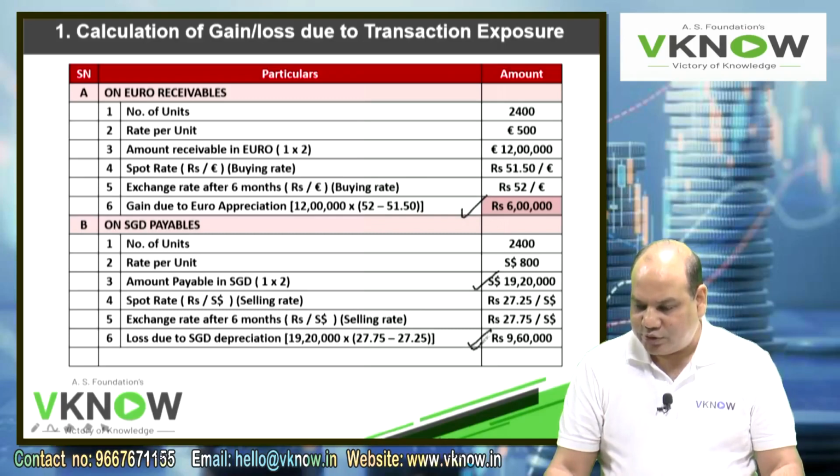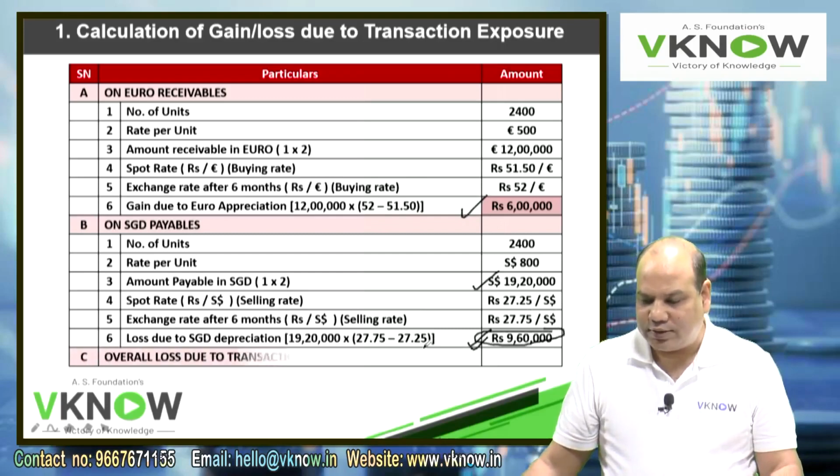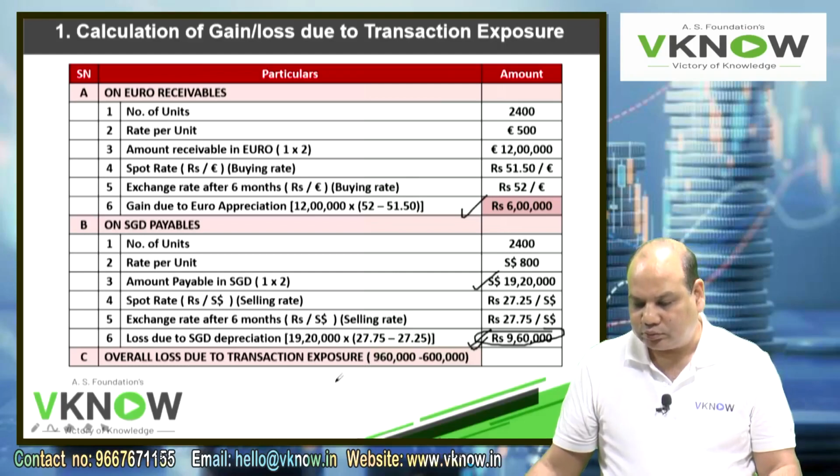Here we have gain, here we have loss, but the loss is more. So therefore, the answer is overall loss due to transaction exposure: 9,60,000 minus 6 lakh. So you have a loss due to transaction exposure of 3,60,000.